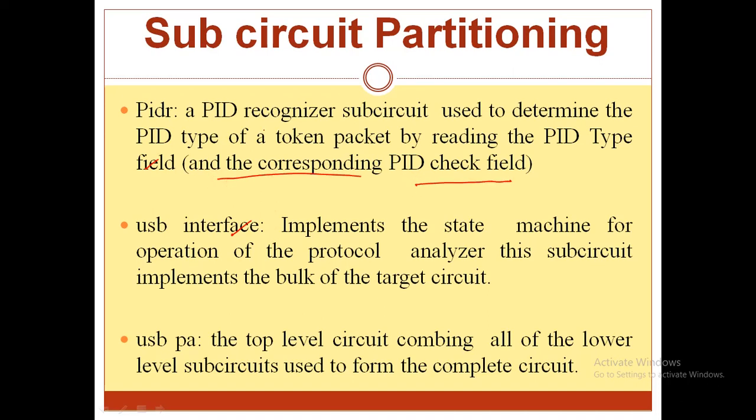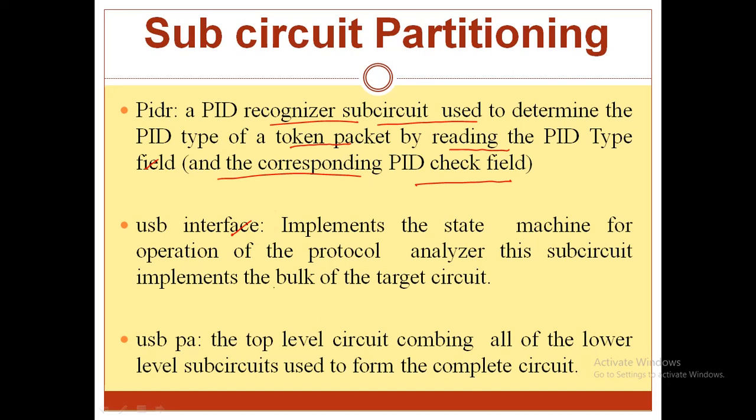Based on that field, the packet ID recognizer determines the packet ID type, whether it is a token packet or a data packet. That is the basic advantage of the packet ID recognizer.